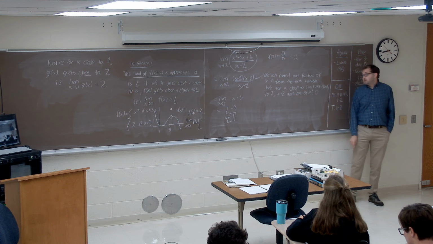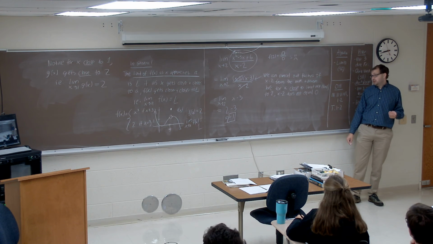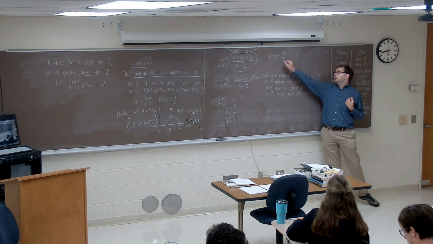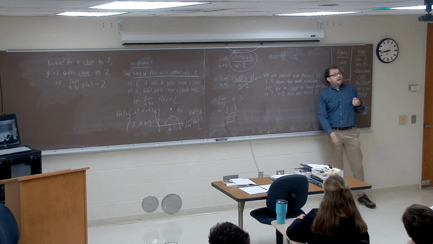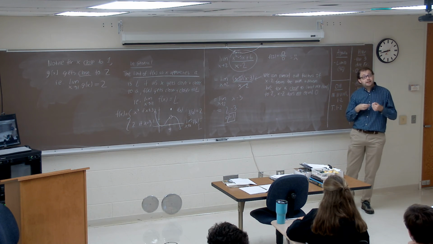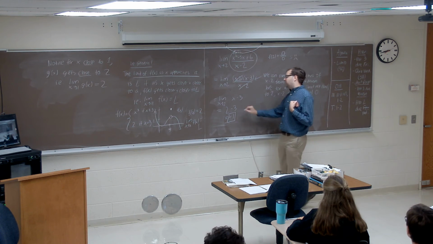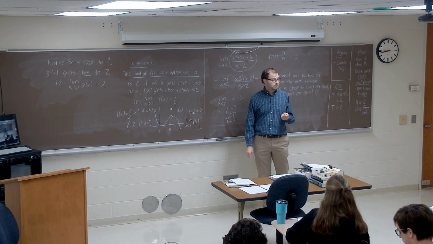So in other words, when we take a limit as x only gets close to 2 of our function, at x equals 2, our expression's undefined, but for values of x that are really, really close to 2, we're going to get outputs that get really, really close to -1.